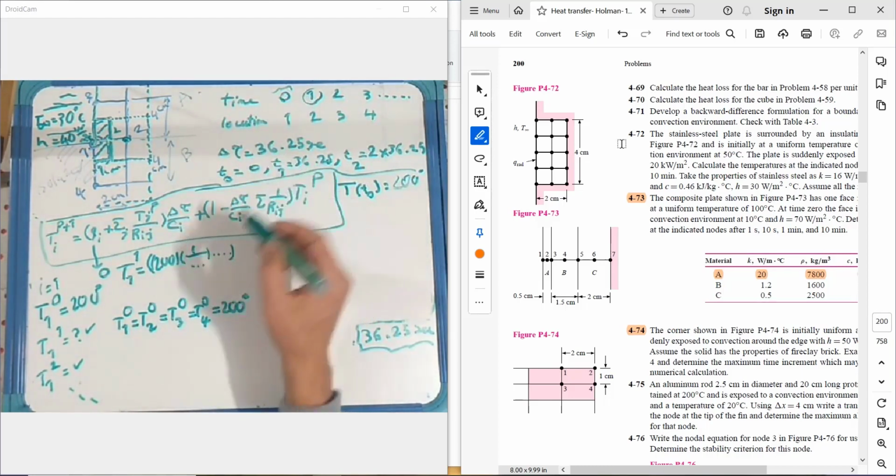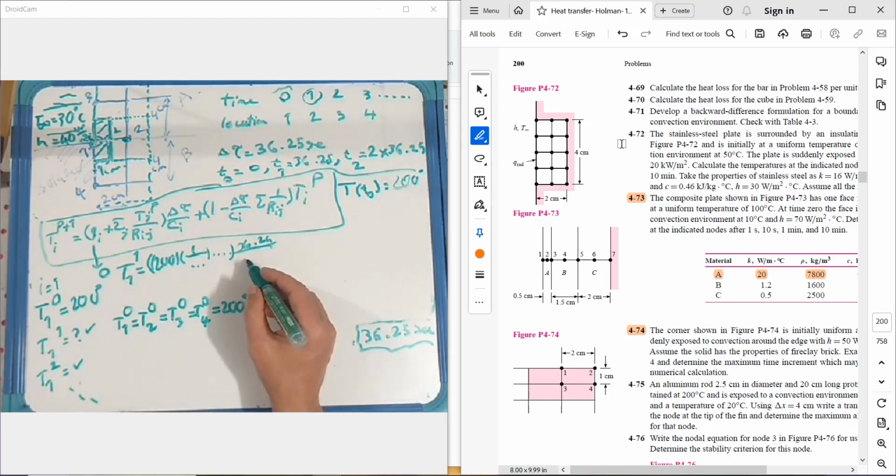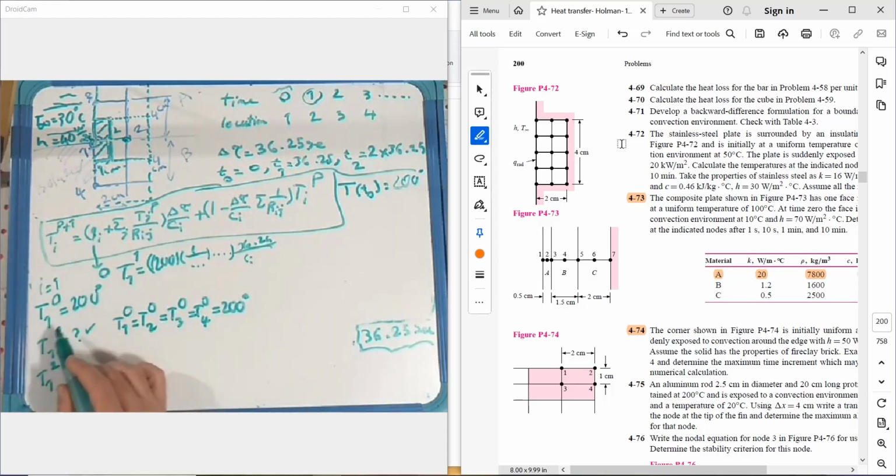Okay, delta T, which is 36.25, Ci, which I erased, and so on. This is not so difficult. Okay, we can understand T1 first. After that, T11, and then we should understand T12, and so on. Okay, it was this problem, the solution of this problem.